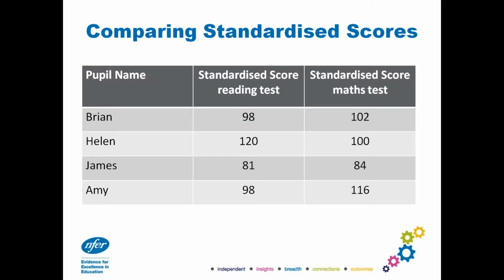For example, between Brian and Helen's standardised scores on the maths test. So we can say, is that a large, significant difference in their score or not? And looking at this, by contrast, with a standardised score of 100 on the maths test, Helen's performance in maths is considered average, as her score corresponds to the average standardised score of 100.